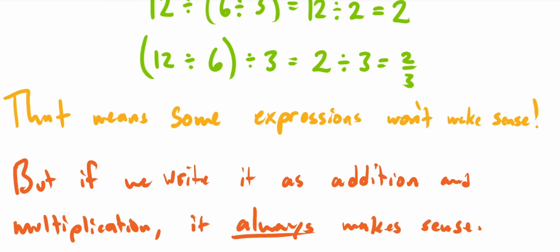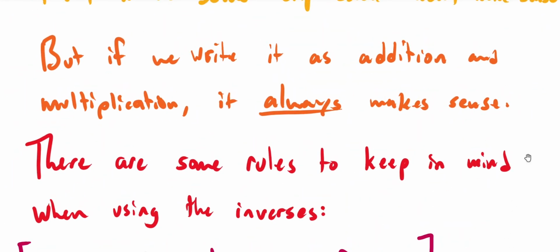But what we have now is a way of writing division and subtraction as addition and multiplication. These always make sense. So if we rephrase subtraction and division as addition and multiplication respectively, then those expressions will always make sense, and that's preferable.